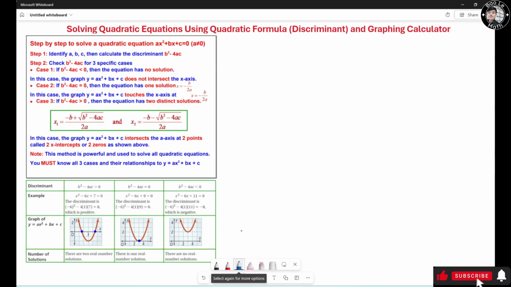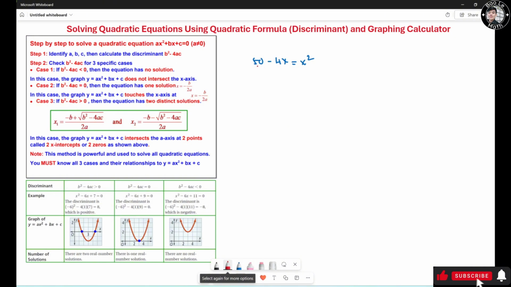Sometimes we have a faster way to know if a quadratic equation has two solutions. For example, if we look at this one, 50 minus 4s equals s squared. The first thing you need to do is convert this one into a quadratic equation in the standard form.